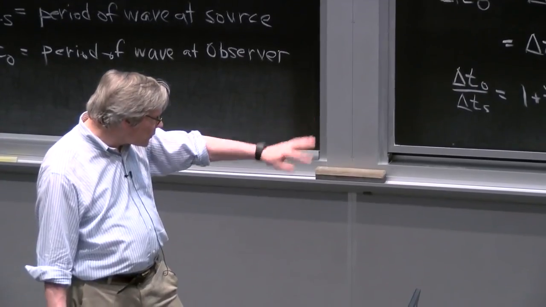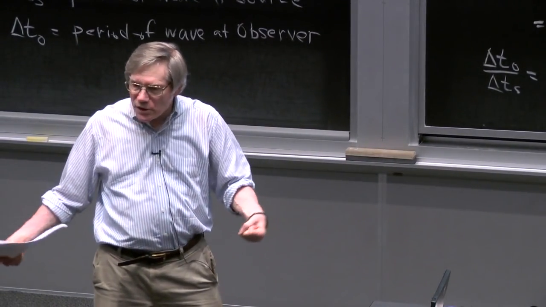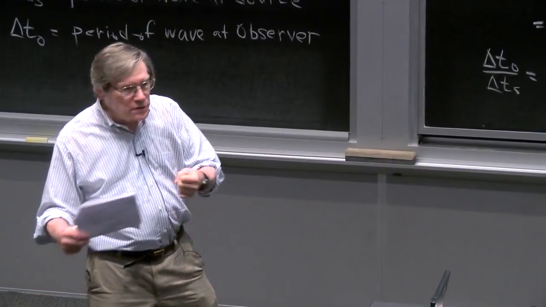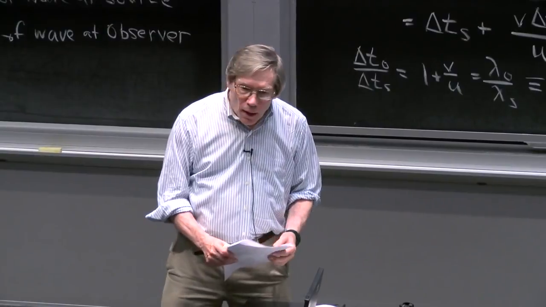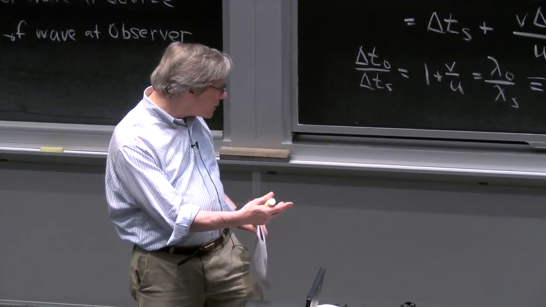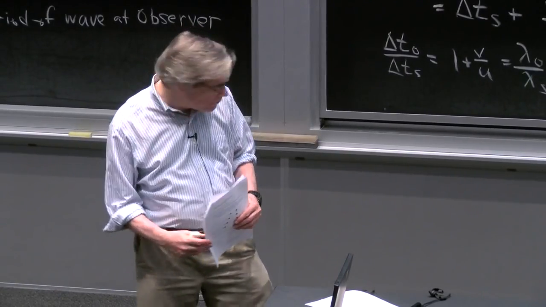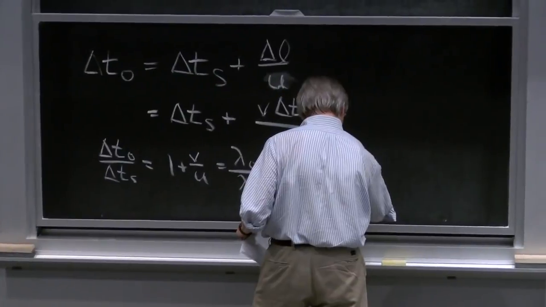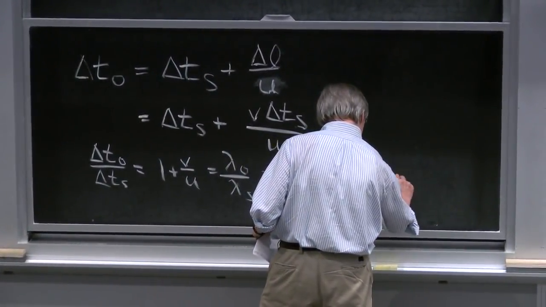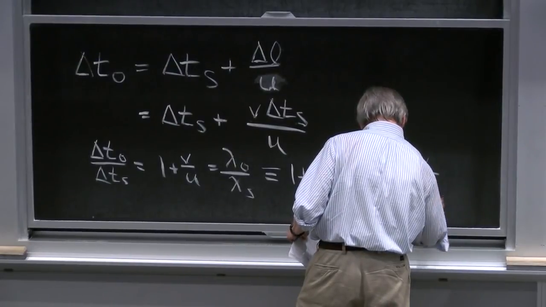And the astronomers take out the 1 so that if both objects are stationary, z is equal to 0. That corresponds to no redshift. That means the wavelength is the same at the source and at the observer. So the ratio of the wavelength as it's observed to the wavelength at the source is what's called 1 plus z. So in this case, it follows immediately that the redshift for this case is just v over u.